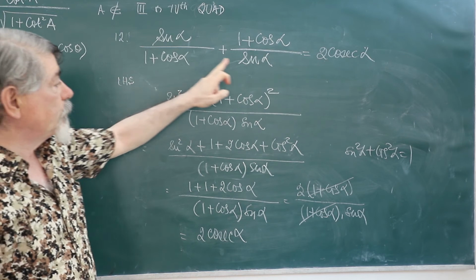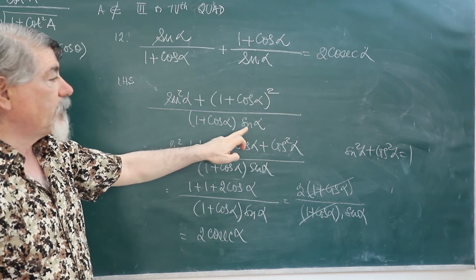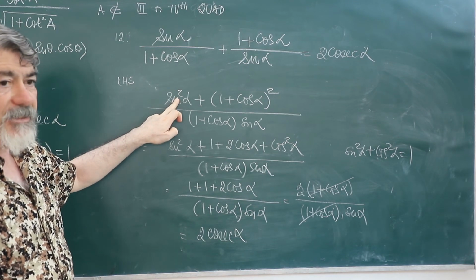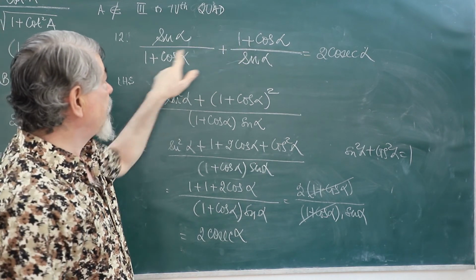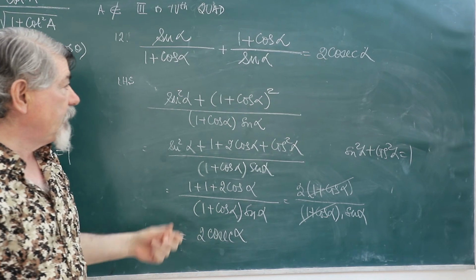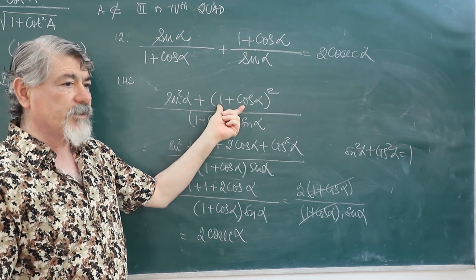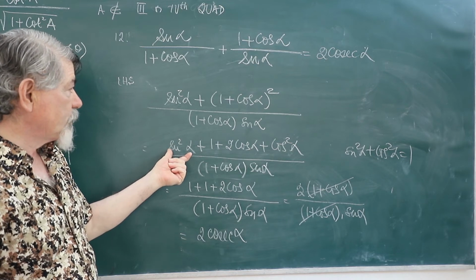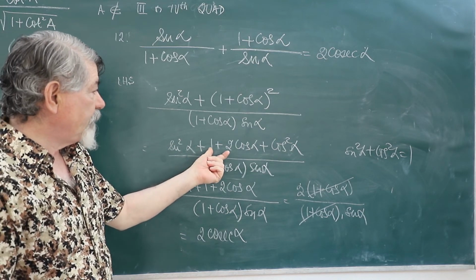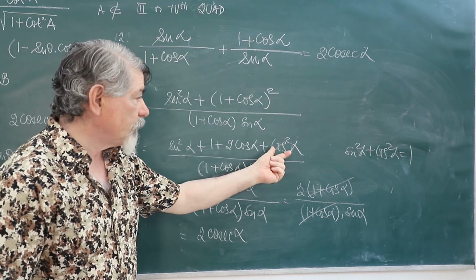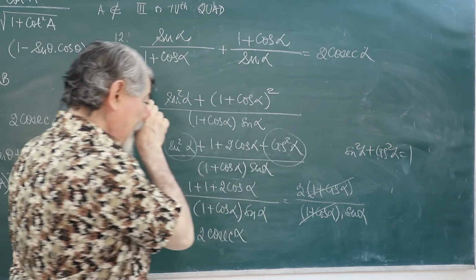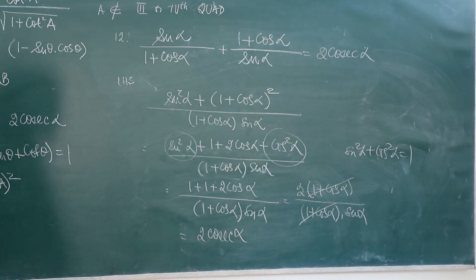What we did was we took the LCM, 1 plus cos alpha into sin alpha. Sin alpha into sin alpha gives me sin square alpha plus 1 plus cos alpha into 1 plus cos alpha will give me 1 plus cos alpha whole square. When I opened this up, it was already sin square alpha. It became 1 plus 2 cos alpha plus cos square alpha. This term will combine and give me 1.